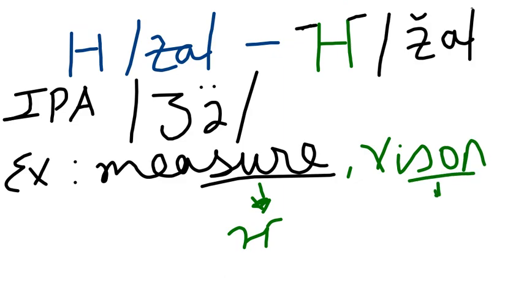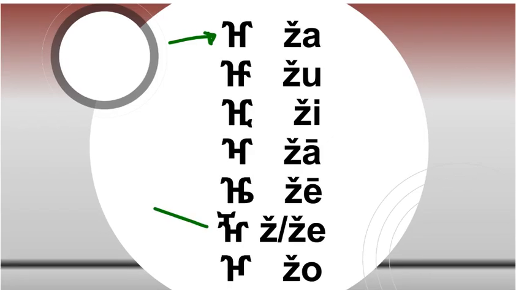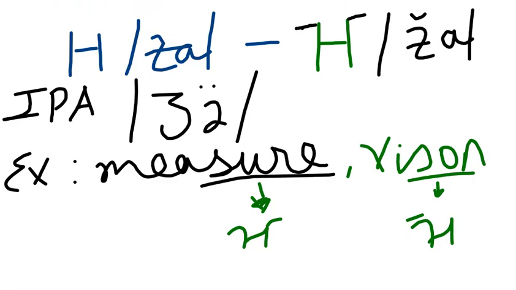The last sound of region, J, is the sixth variant, J. Next, J, J, Ju, Ji, Ja, J, J, Jo.